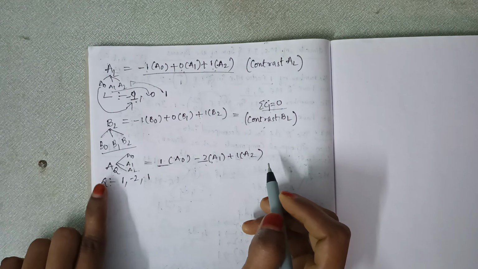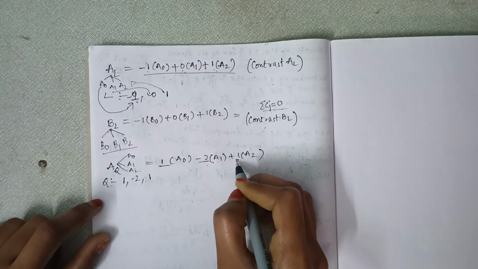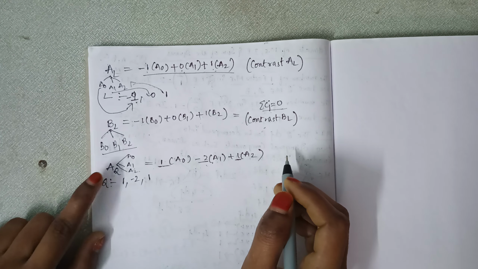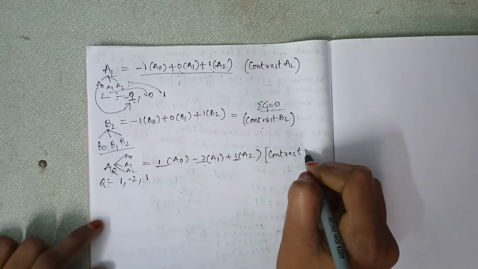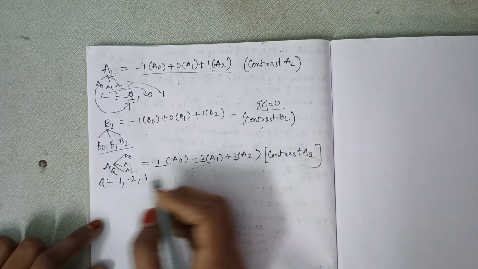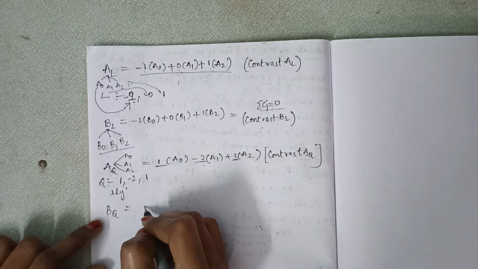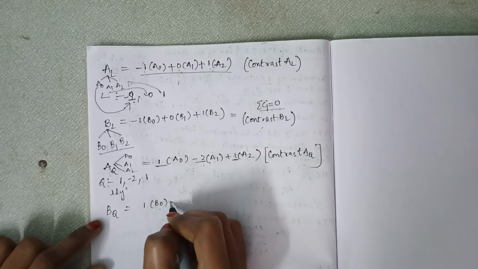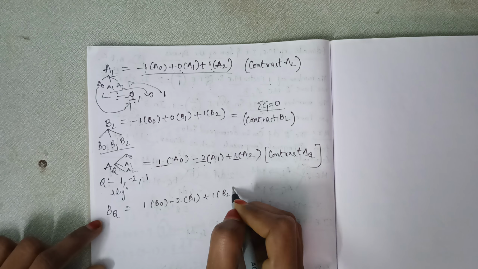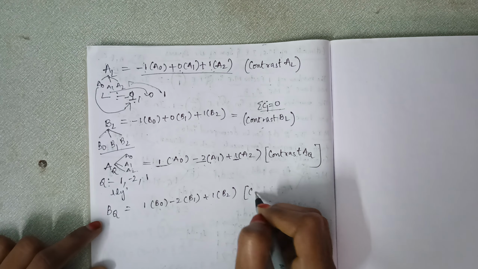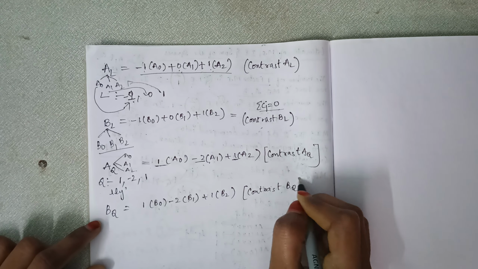So the constants sum to 0, so we can call AQ a contrast. Contrast AQ. Similarly, the BQ will be 1 into B0, -2 into B1, plus 1 into B2. This is contrast BQ.